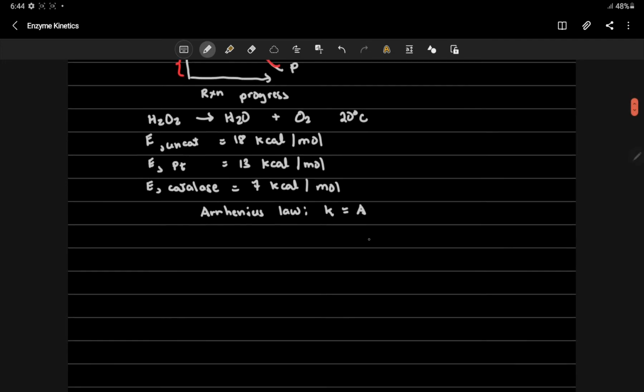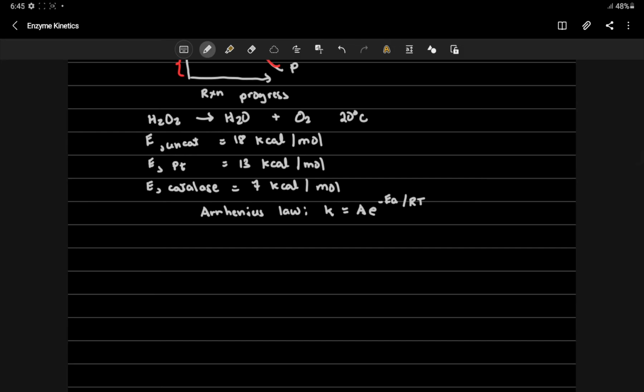And then, exponential, no? So, E raised to negative E act, or EA. So, yan yung activation energy natin divided by RT. R being the gas constant and T is temperature in absolute. Ibig sabihin, dapat naka-Kelvin.